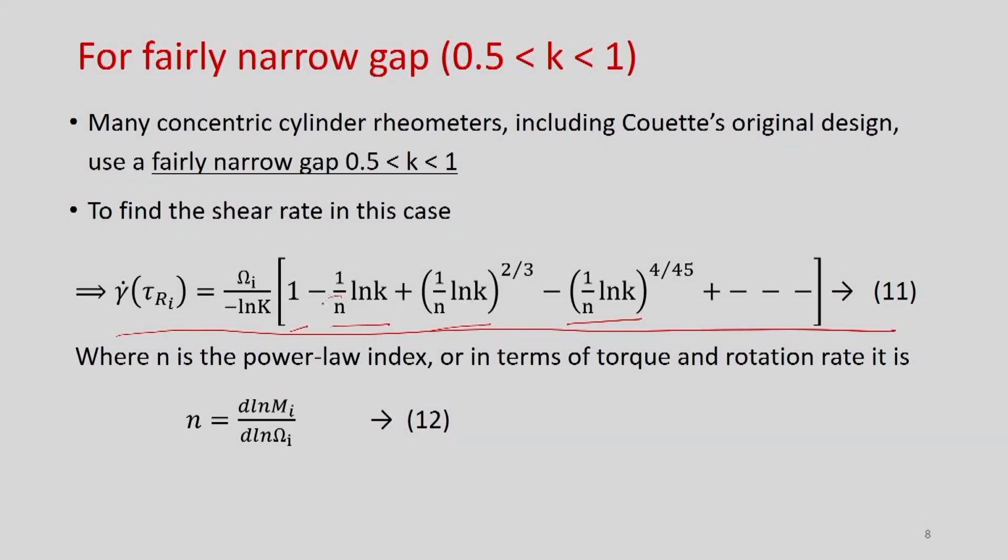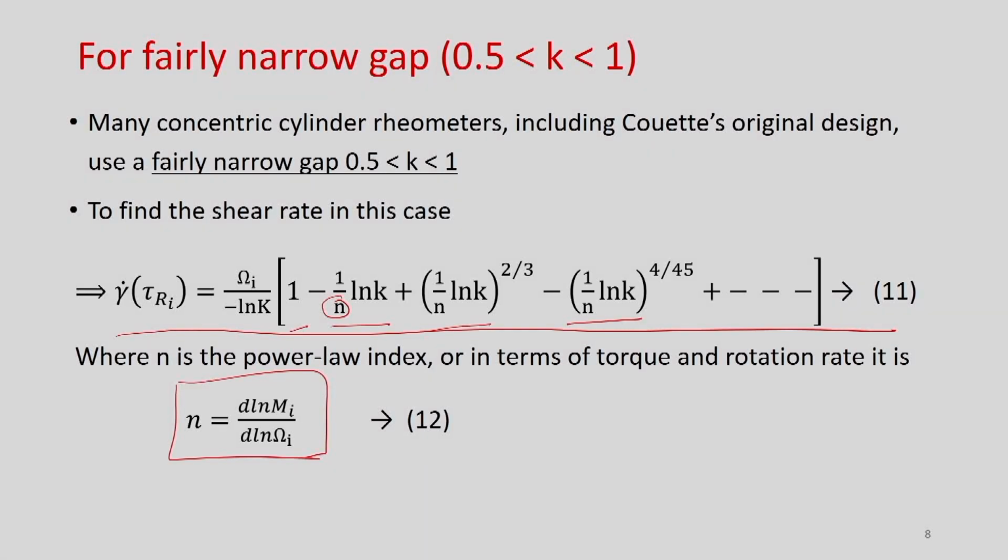Here in this Maclaurin series, n is nothing but the slope of the log plot of M_i versus omega_i, or ln M_i versus ln omega_i plot. If you plot in such conditions, it is most probable that we may get a straight line and then the slope is given by n. This is also known as the power law index.